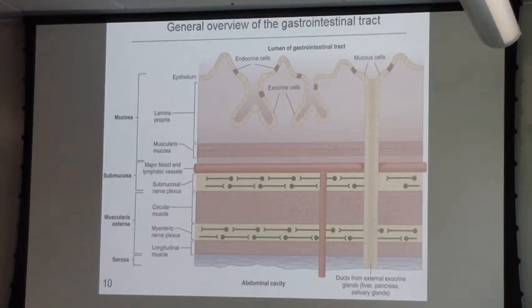Questions about this? Is it clear that these are smooth muscle cells that have been cut in cross-section, and these are smooth muscle cells that have been cut in longitudinal section? That's what's different there. These symbols here are supposed to symbolize neurons, making billions of synaptic connections.